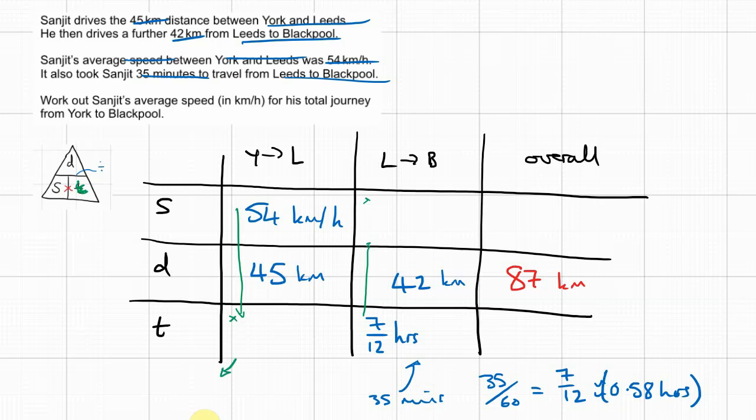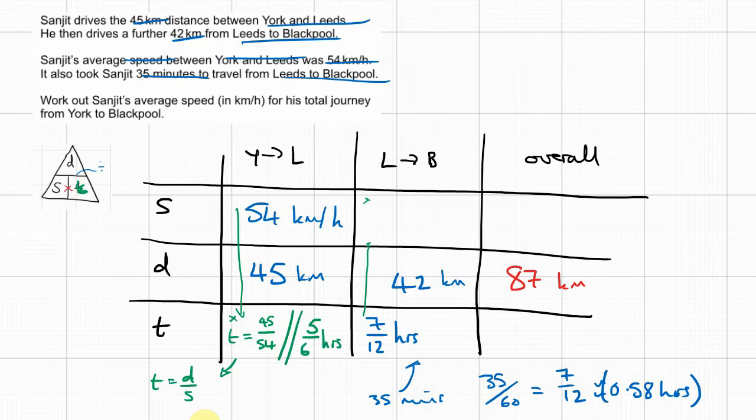Time equals distance over speed. So this is going to be equal to distance, which is 45, over the speed, which is 54. That is going to be, again, I'm going to leave it as a fraction because it's a recurring decimal, 5 over 6 hours.